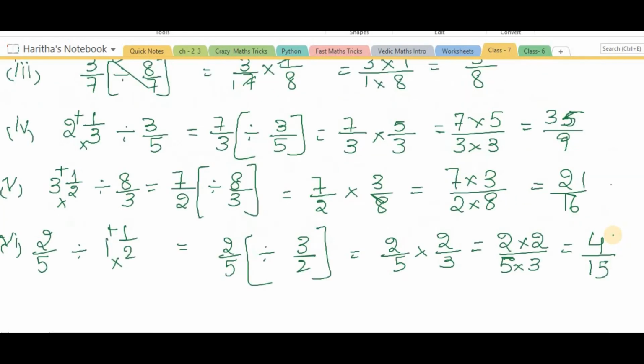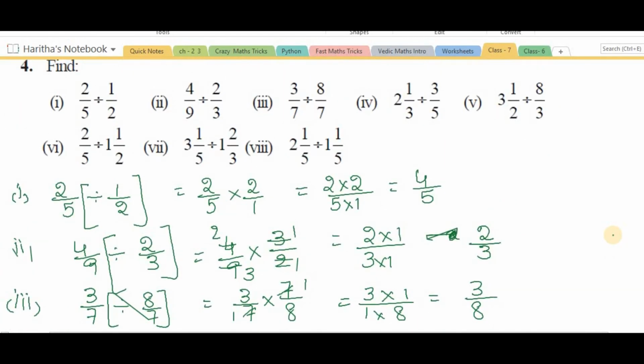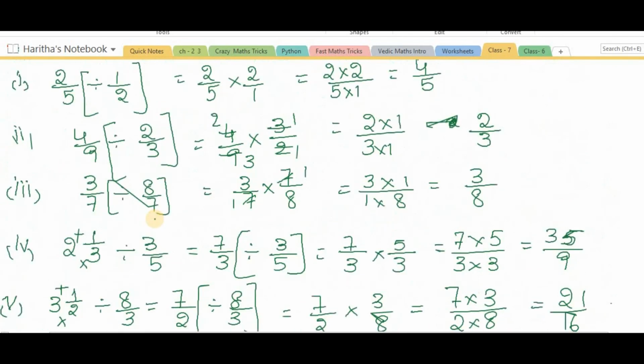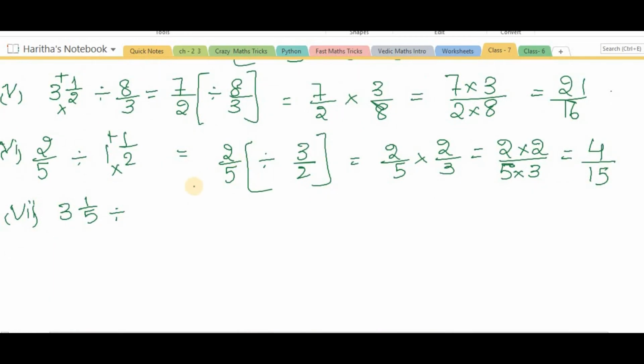Okay students, now we'll move on to the next question. Here we have two mixed fractions. Seventh question: 3 1/5 divided by 1 2/3.